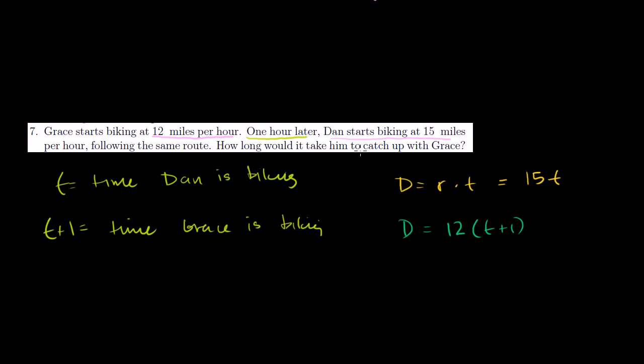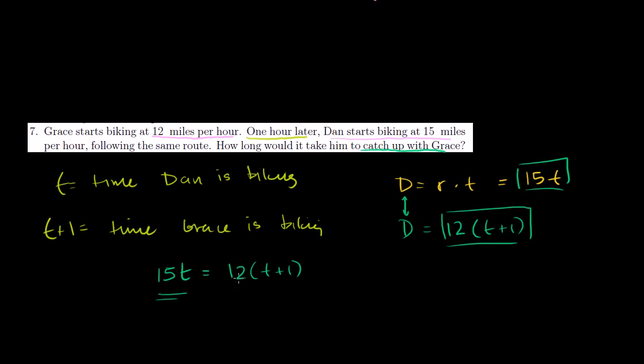And the point at which they catch up, that's the point at which these two things are going to be equal. Dan's distance is going to be equal to Grace's distance. So we just have to set these two equal to each other. So you get 15t is equal to 12 times t plus 1.